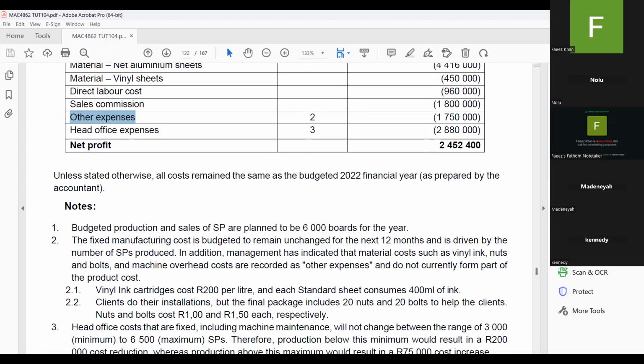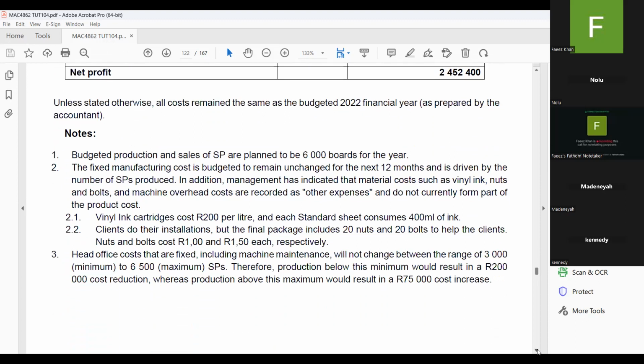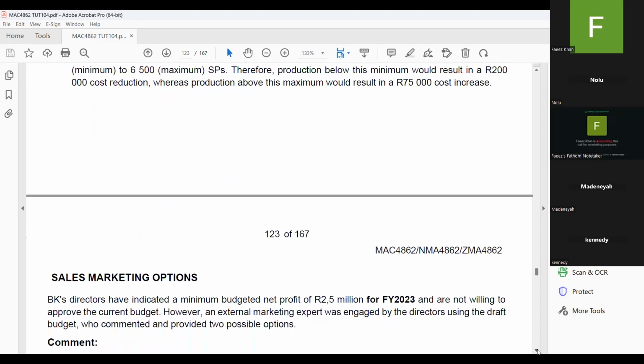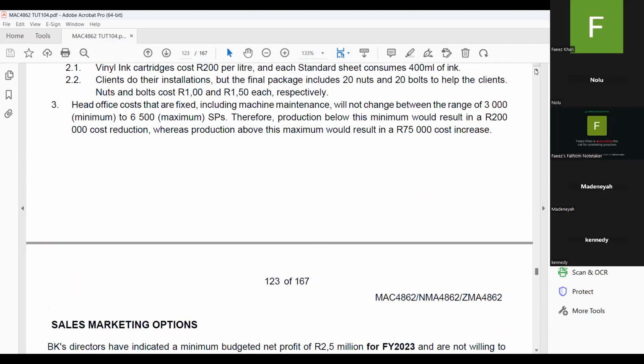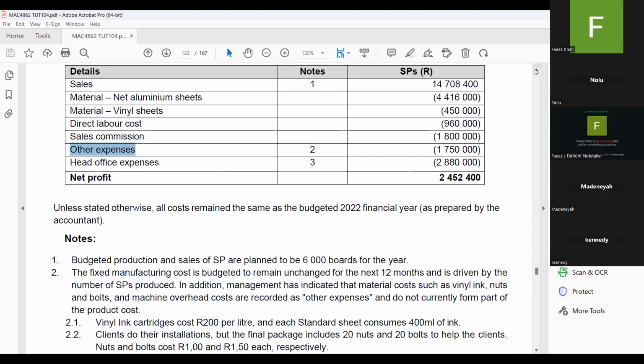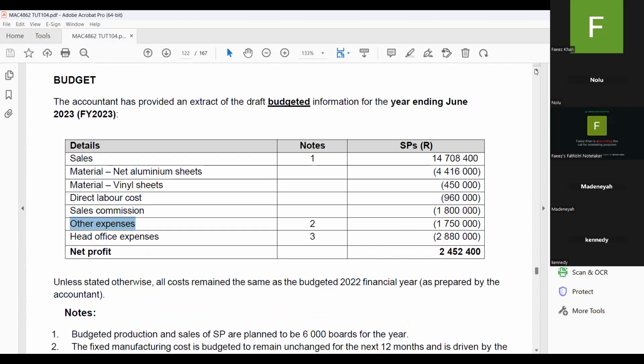Okay, so now we will move on to this part over here. I just want to read through the budgeted part again, just for recap, because we're going to need some of this information when we do the remaining of the question. So here they say the accountant has provided an extract of the draft budgeted information for the year ending June 2023.